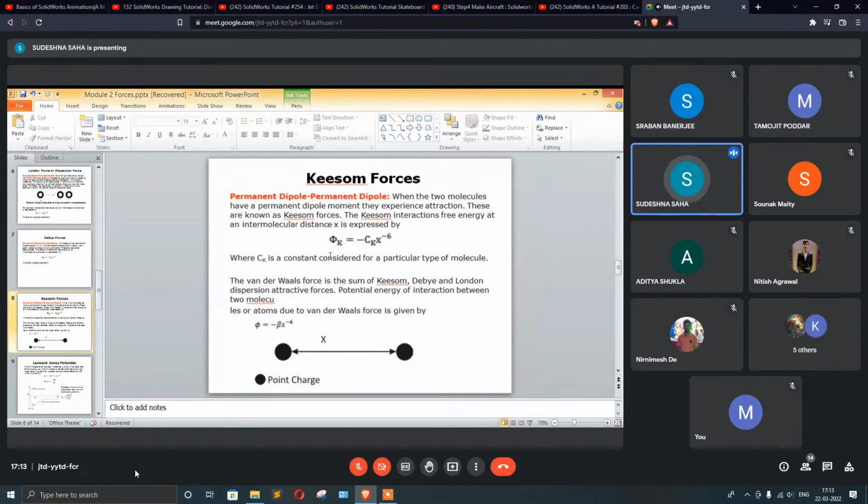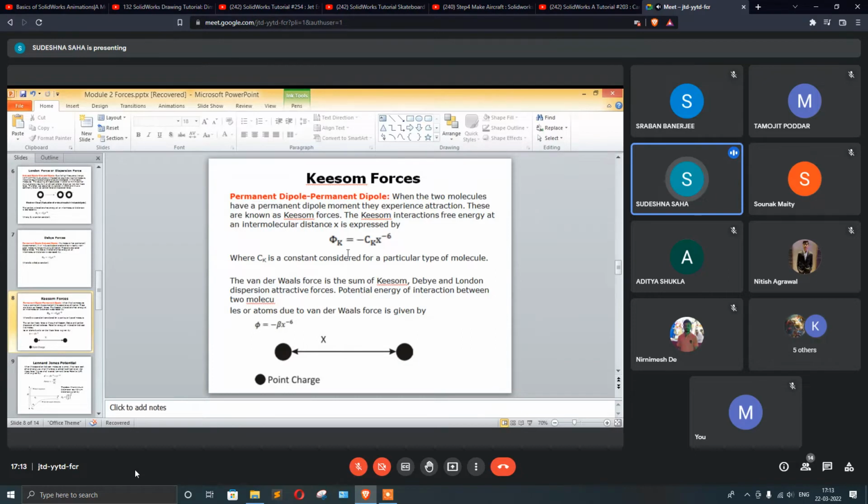How these equations come, I'm not going into the details, because it comes from classical quantum mechanics calculation. Rather, we are just focusing on the final form of the equations.